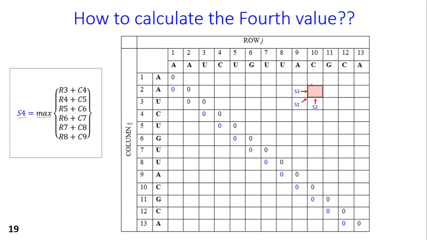If we are talking about the position at row 3, you need to add whatever number is present at row 3 with whatever number is present at column 4.